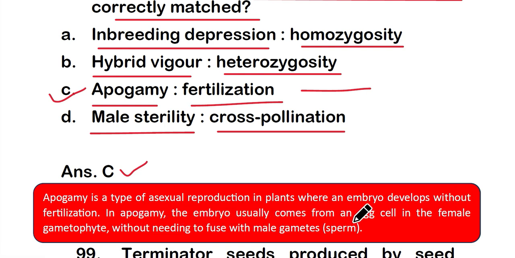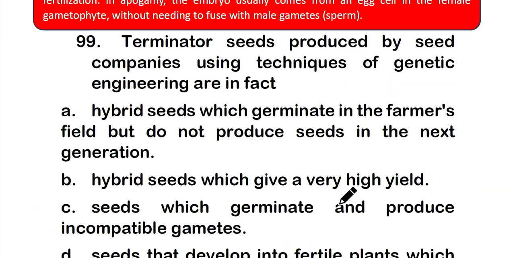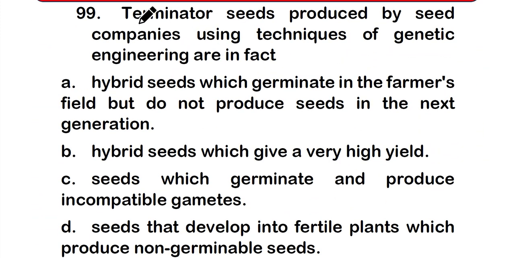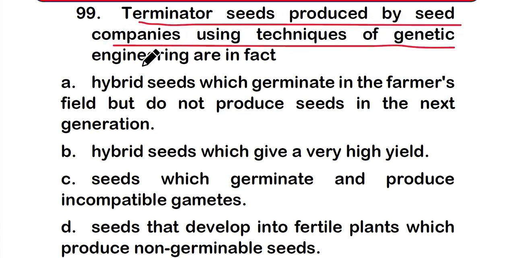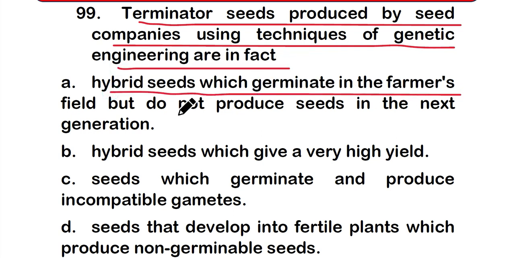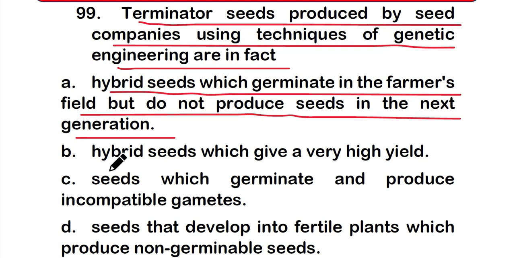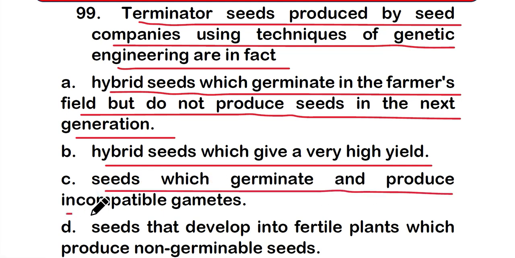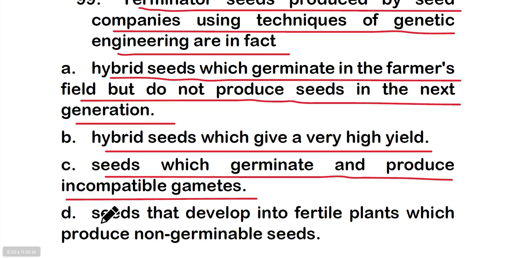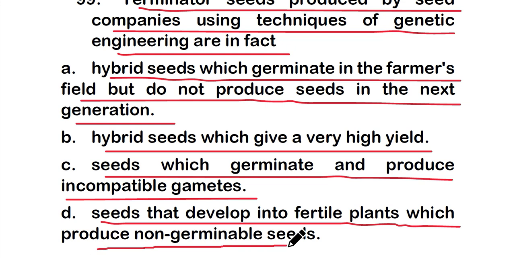Okay. So let's move on to question number 99, that is terminator seeds produced by seed companies using techniques of genetic engineering are in fact option A, hybrid seeds which germinate in the farmer's field but do not produce seeds in the next generation, option B, hybrid seeds which give a very high yield, option C, seeds which germinate and produce incompatible gametes, or option D, that is seeds that develop into fertile plants which produce non-germinable seeds.